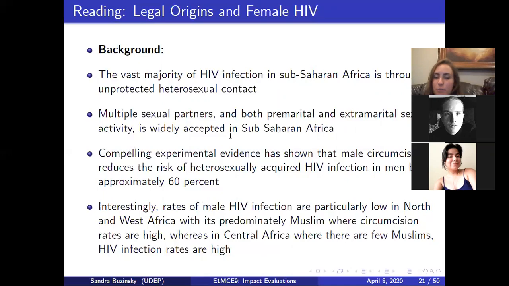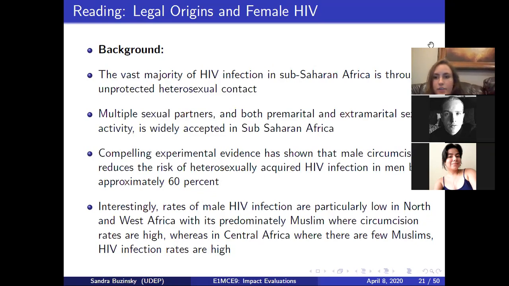So multiple sexual partners, both premarital and extramarital sexual activity, are really widely accepted in sub-Saharan Africa. It's more of a cultural norm there, I guess, that extramarital sexual activity is more common and acceptable in these parts.